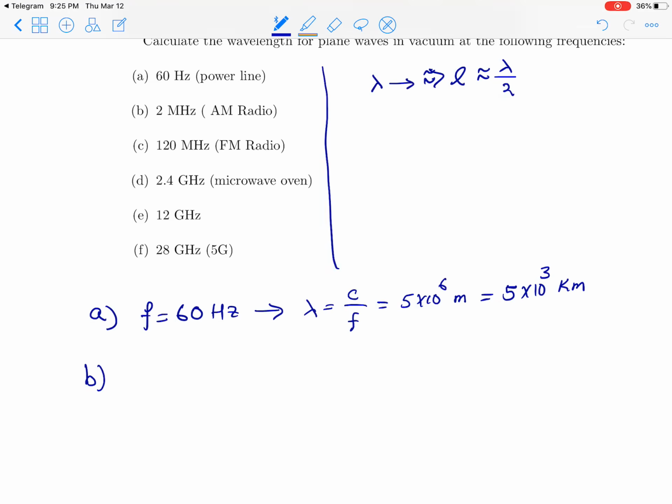Now let's go to the second part, which is f equals 2 megahertz. This is very close to the frequencies of AM radio. The wavelength is c again divided by f, which is 150 meters.